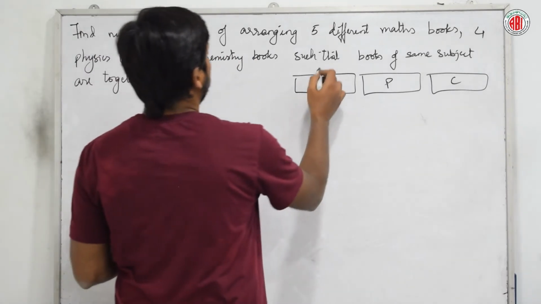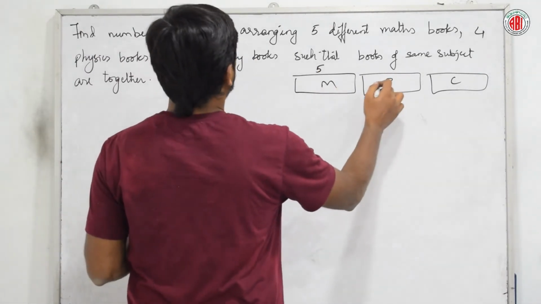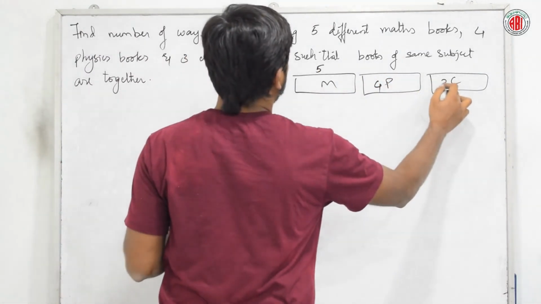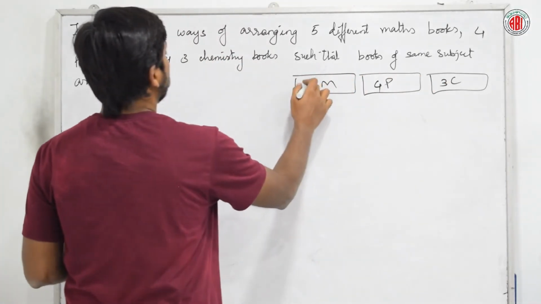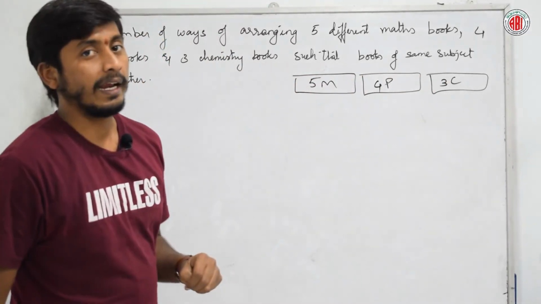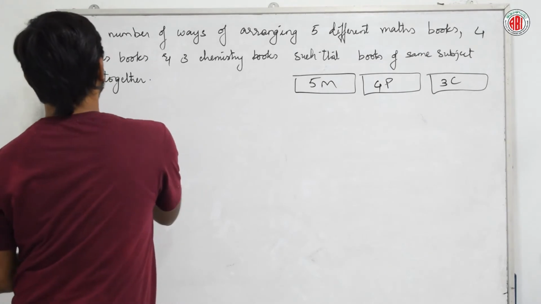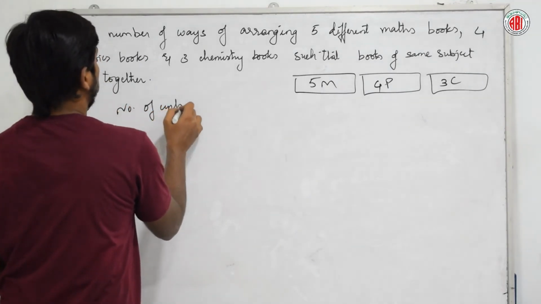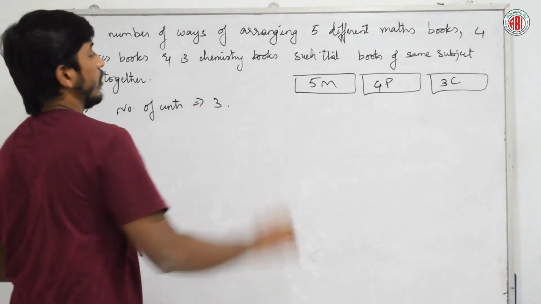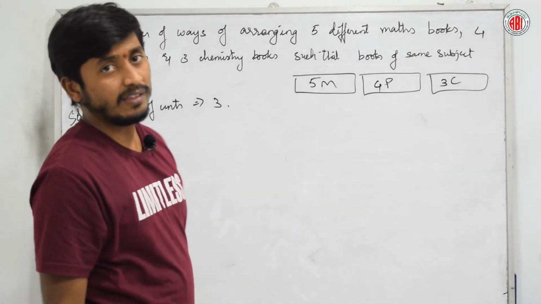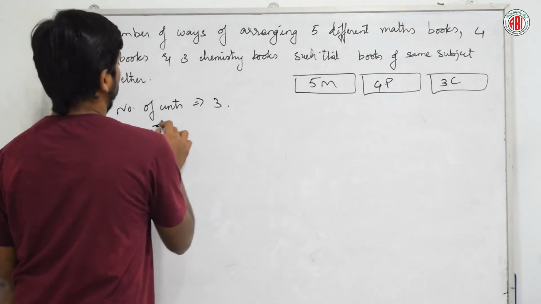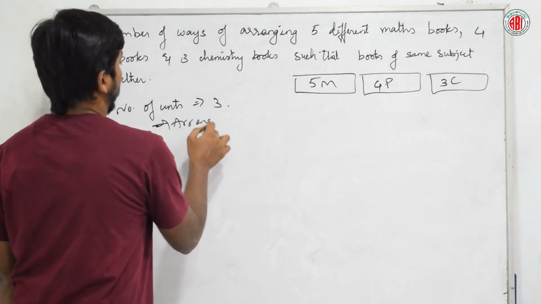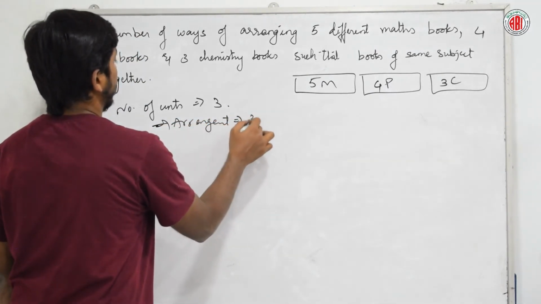Right? So the number of units is 3. So the arrangement of 3 units is 3 factorial.